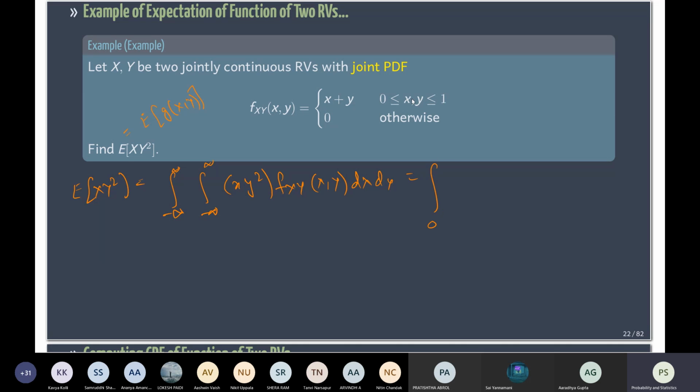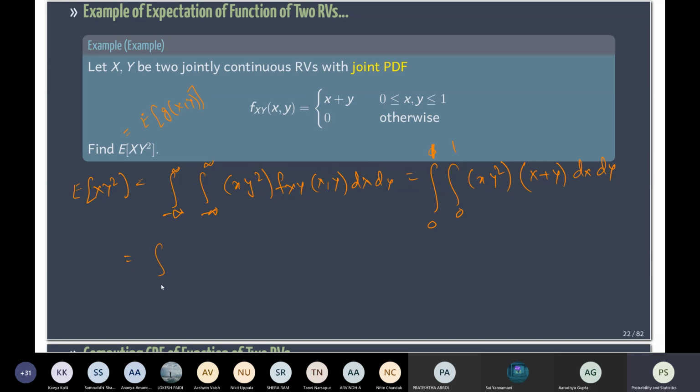So x and y are going from 0 to 1, and they are independently going from 0 to 1. They don't depend on each other. So this is xy squared, and then f_XY in this region is x plus y, and then dx dy.